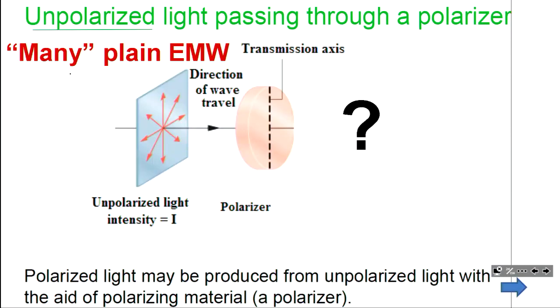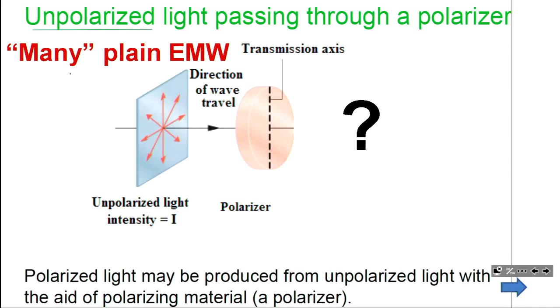What's happening when it's not polarized? Regular light is unpolarized, but unpolarized means it is composed of all possible waves with all possible directions. Up and down, left and right, all possible. What's going to happen to the light when it travels through? Well, they all now have to be aligned in the direction of the transmission axis, all of them. But also, perpendicular doesn't get through, parallel gets through without being affected, and all others get cut.